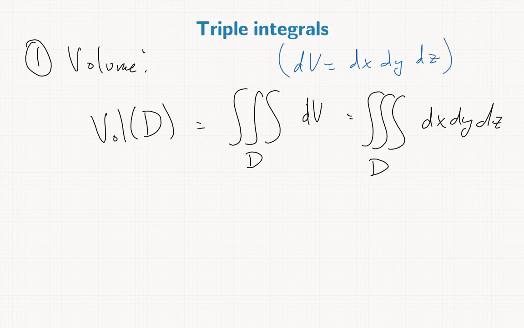And in the next section, we'll see how to do analogs of polar coordinates in 3 dimensions. Okay, so the volume of a region we can calculate just by integrating 1 over it.